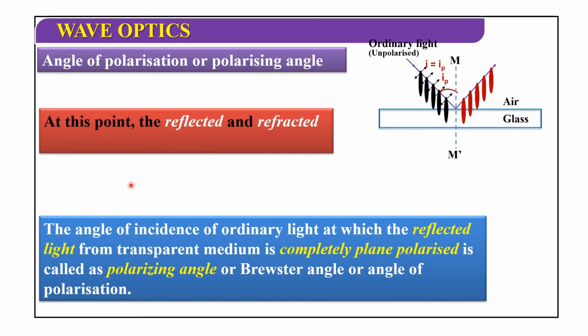Next, at this point the reflected and the refracted rays are mutually perpendicular. This is the reflected ray and here the refracted ray.